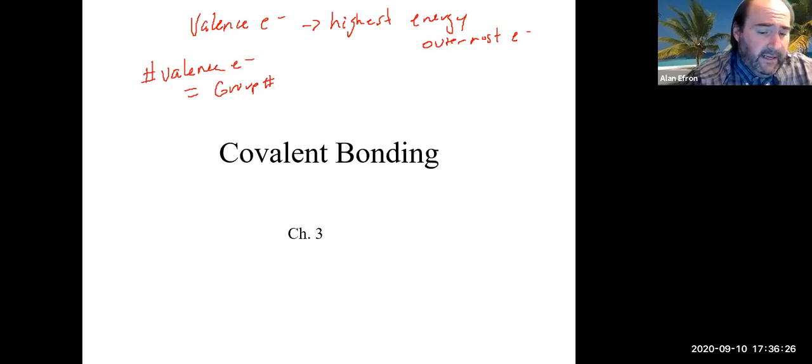So some people think they could have upwards of 12, depending on which one you're talking about. The good news is, in terms of bonding, we really don't do very much, if any, bonding that involves those transition metals. So you don't really have to worry about it in terms of bonding. Most of the bonding we deal with will be covalent bonding, and ionic bonding between our representative elements, metals and nonmetals.